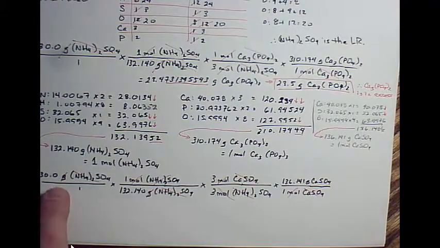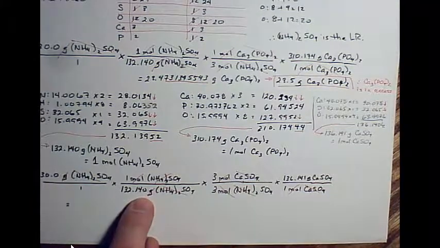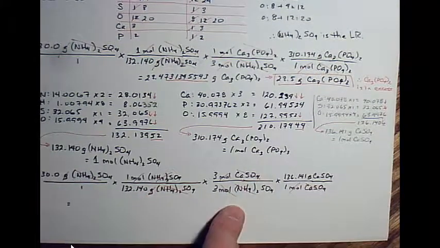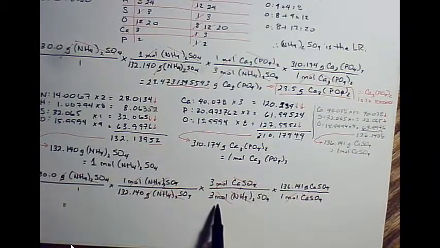So we want to multiply everything across the top. Hit enter or equals, multiply by one thing on the bottom, hit enter or equals, divide by one thing on the bottom, hit enter or equals, and then divide by the other thing on the bottom, hit enter or equals.